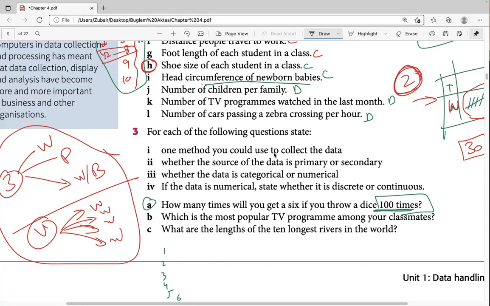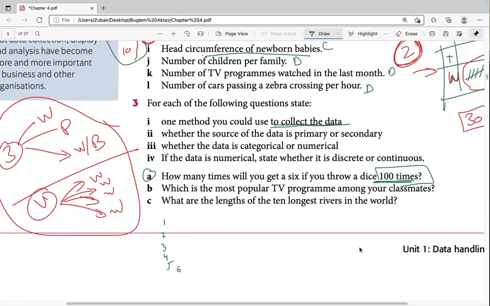One method you could use to collect this data. How are you collecting this data? How would you remember without writing? You'll make the pie chart when you have the data. How many times did you get a 3? How many times did you get a 4? Then we could do a frequency table.